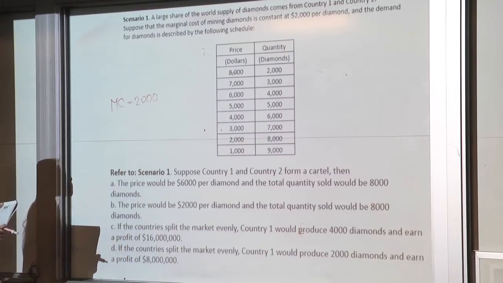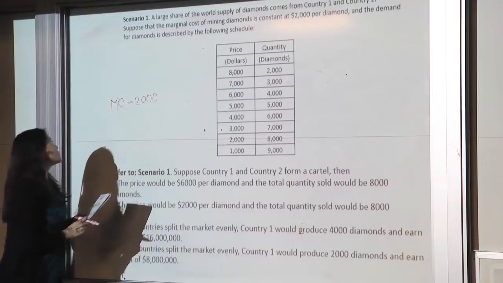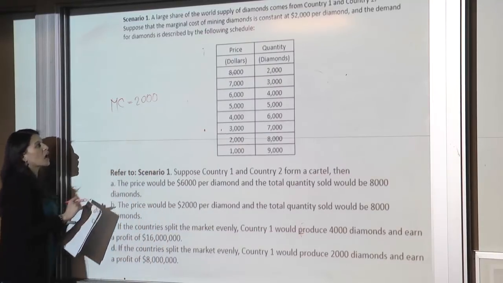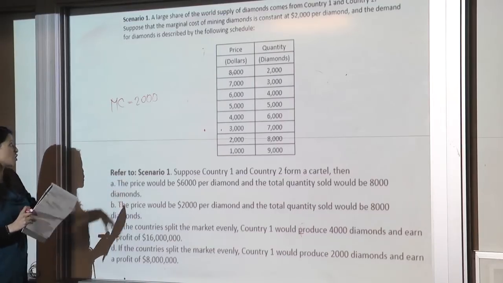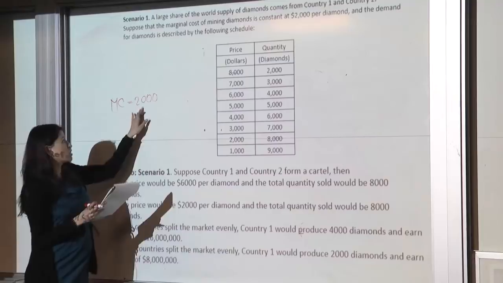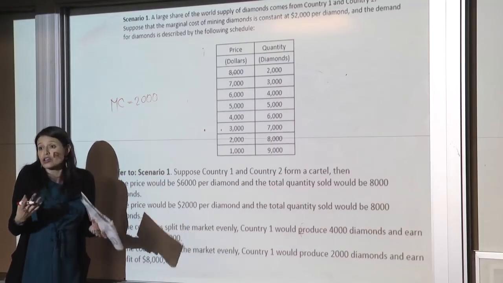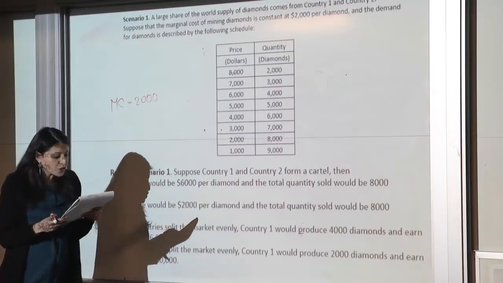And the demand for diamonds is described by the following schedule. So this is the demand for diamonds. The marginal cost is constant at 2,000. That also means that any extra unit is going to cost $2,000. So basically, the cost of every single unit is $2,000, right?